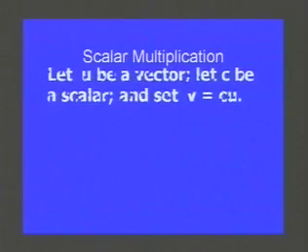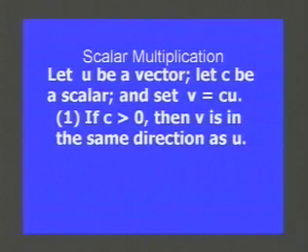So scalar multiplication. If u is a vector and c is a scalar, and v is equal to c times u, so v is equal to a number times another vector. If c is greater than 0, if it's a positive number, then v is in the same direction as u. We saw that with the previous example.